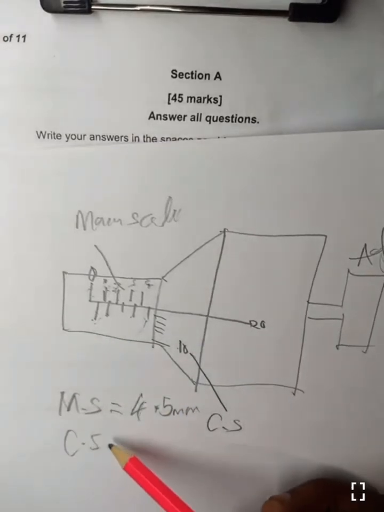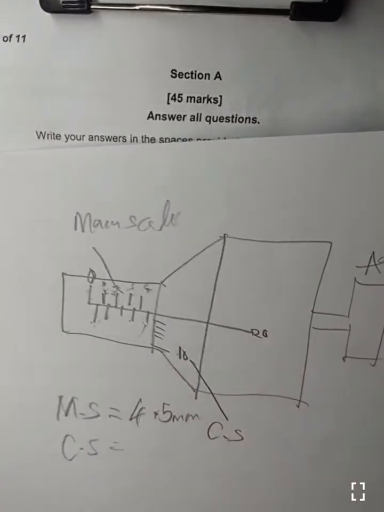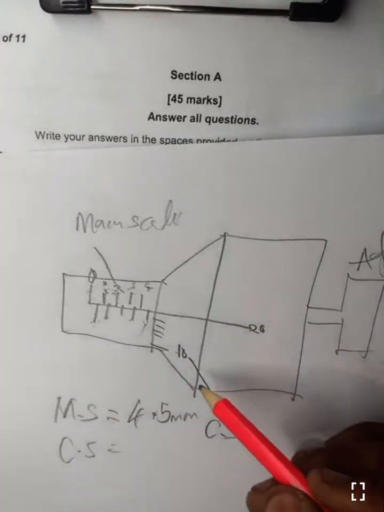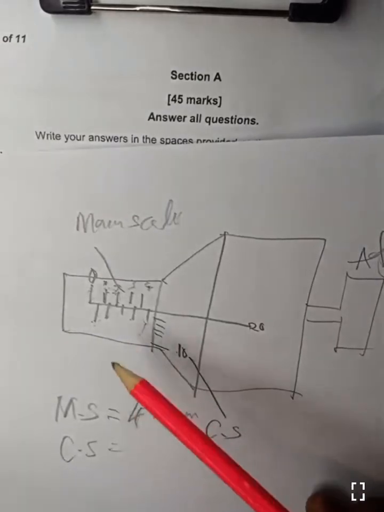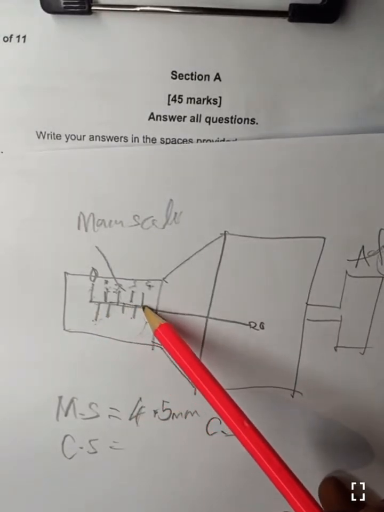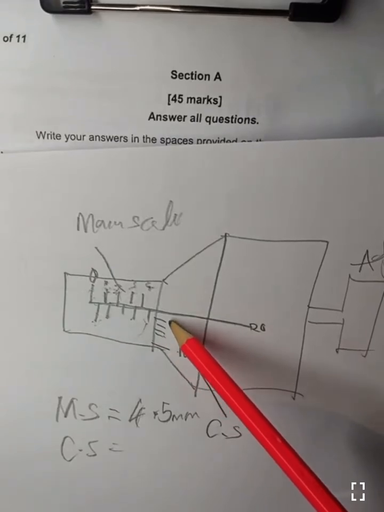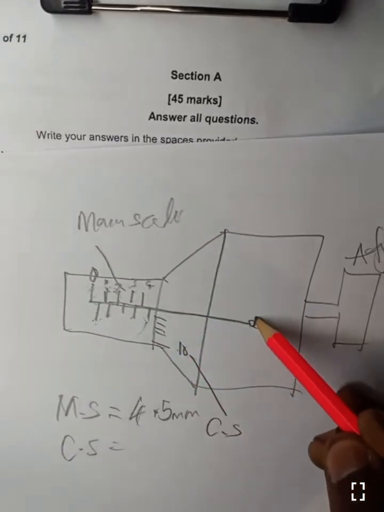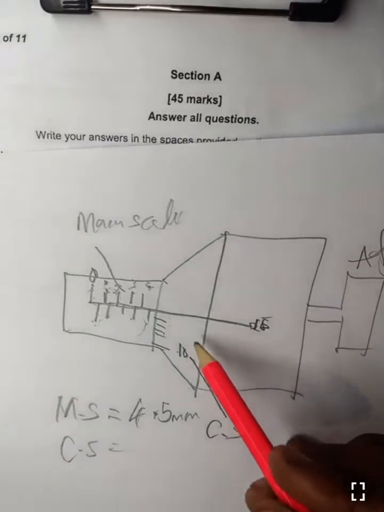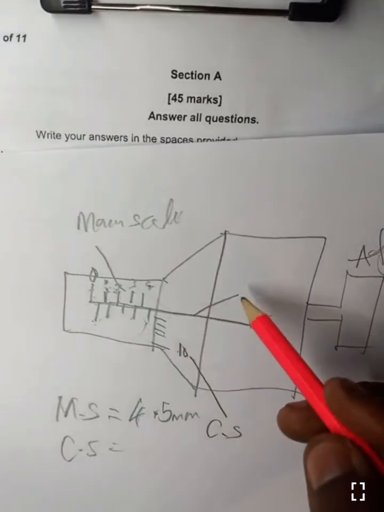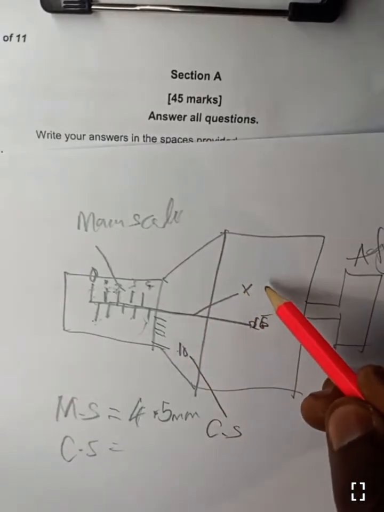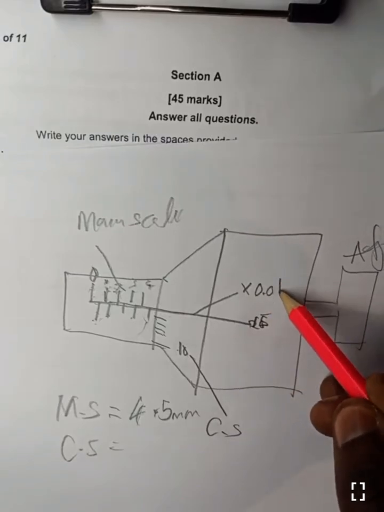Then you go to the circular scale. On the circular scale, you identify the line which is horizontal here, touching, coming from the main scale. So if this is 10, 11, 12, 13, 14, okay, it's on 15. When you get your answer here, which is straight, you multiply it with the accuracy, 0.01.